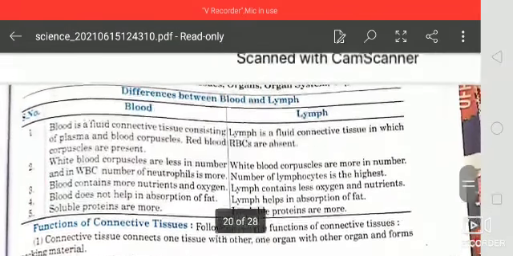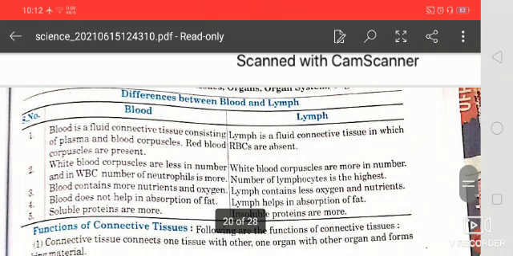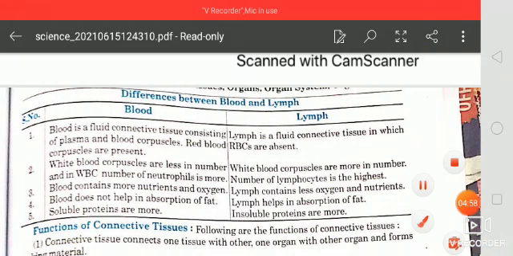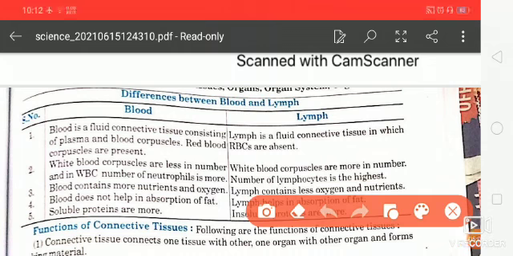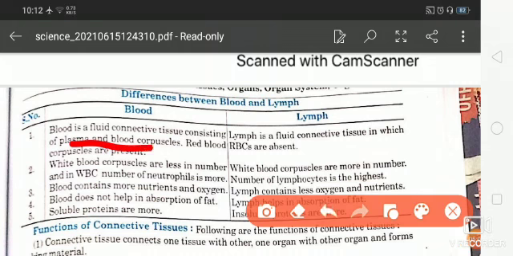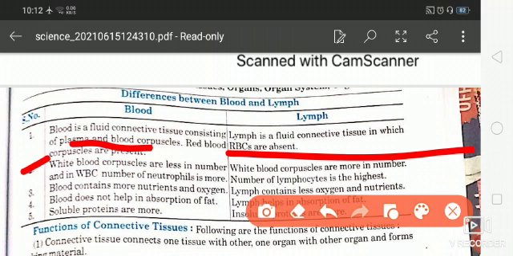So students, this is the difference between blood and lymph. It is very important that blood is a fluid connective tissue consisting of plasma and blood cells, but lymph is colorless and RBCs are absent. White blood cells are fewer in number and neutrophils are more in blood, but in lymph WBCs are more.